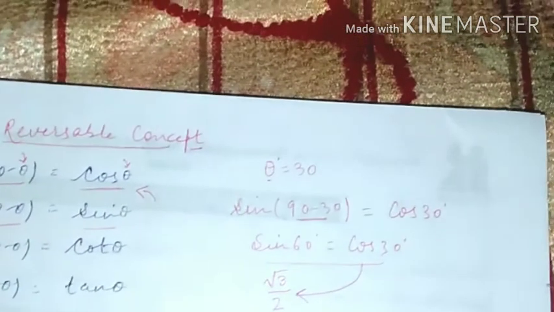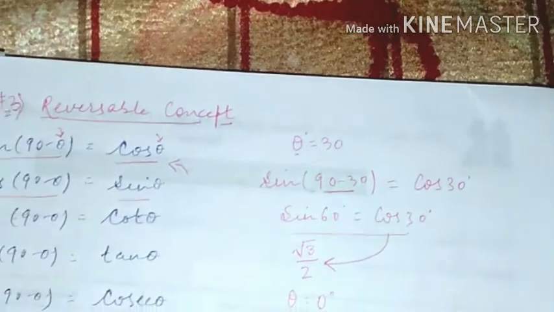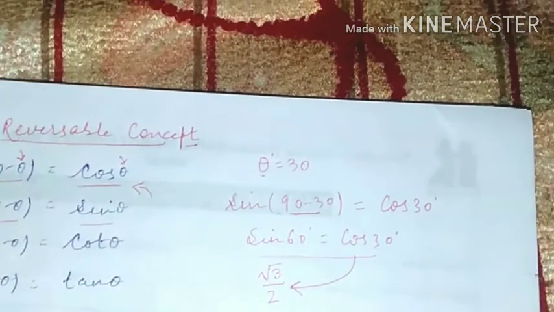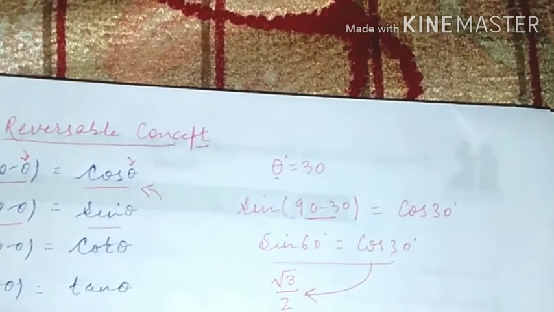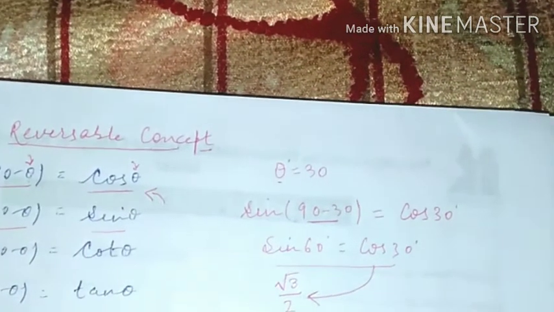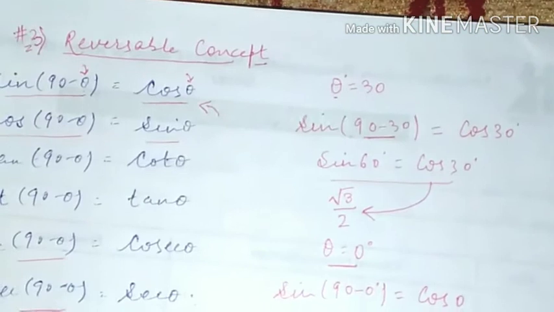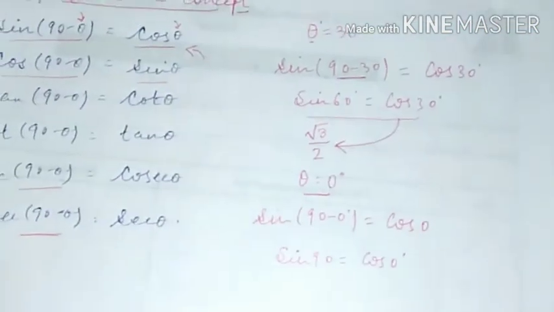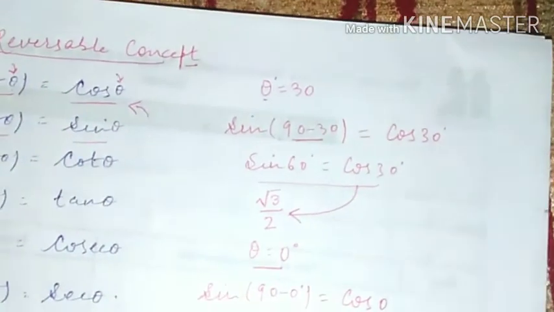So cos theta, we have taken theta is equal to 0, so we have put theta over here as 0. So sin 90 is equal to cos 0 degree, which means that the sin 90 degree value will be equal to cos 0 degree value, which is equal to what?